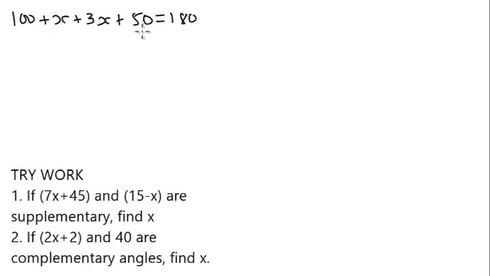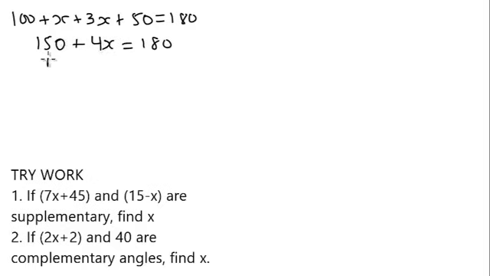And so from here we can simplify from the left hand side. Now 100 plus 50 will give us 150, plus x plus 3x is what? 4x. And this will be equal to 180. Now from here we group like terms. We are going to maintain the variables at one side and the numbers at one side of the equation.